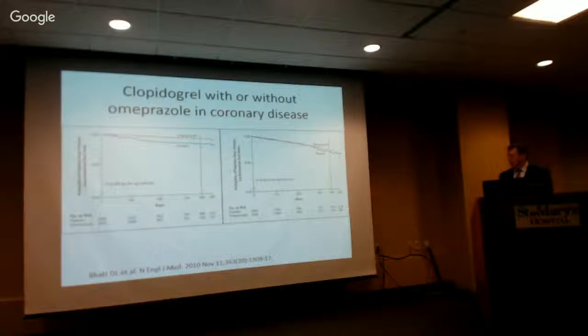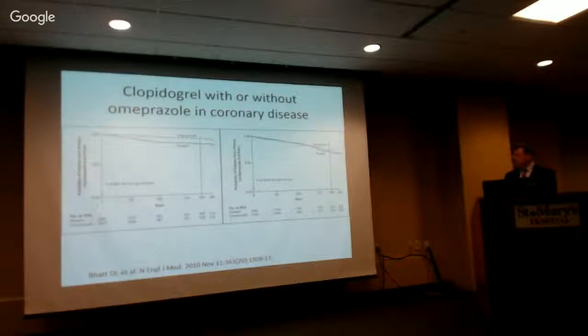And if you look at this first slide, it shows the GI endpoint, GI bleeding. Adding omeprazole to the clopidogrel greatly decreased the incidence of GI bleeds, but it had absolutely no effect on ischemic events. So there's this great fear when your patients go to the pharmacy and the pharmacist gives them both, they warn them not to take one of them. And so they end up not taking their Plavix, or end up not taking their omeprazole.